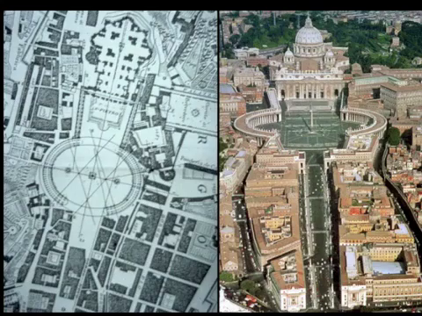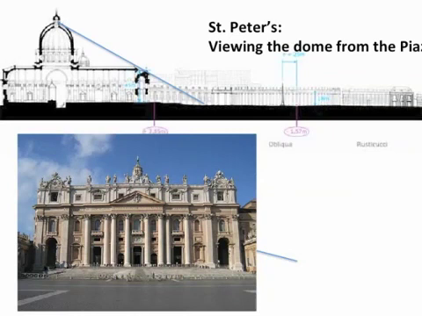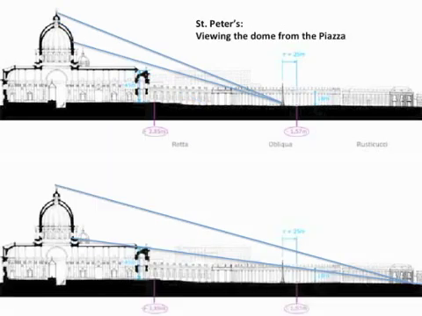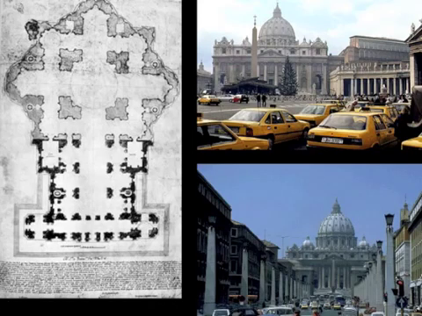What Bernini does with his intervention is he begins to make a frame so that even though you've been denied the view of the dome by the extension of the nave, he's going to put you far enough back to see the dome. So by displacing the center of the forecourt this far away, he's suddenly making it possible to read the dome and the facade together again, which is a great idea. So if we're way back here, we begin to read the dome. And that is something that we do want to do.